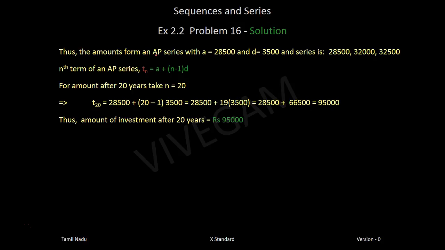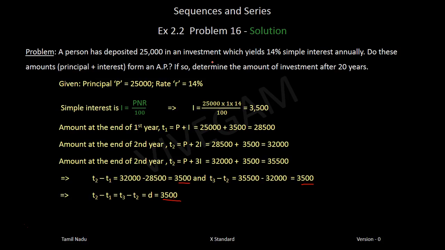Thus the amount forms an AP with A equal to, A is the first term, the amount at the end of the first year, 28,500. Please don't take 25,000 as the A. It is the amount at the beginning of the first year. But what you are asked is the amount at the end of the first year, and after 20 years.